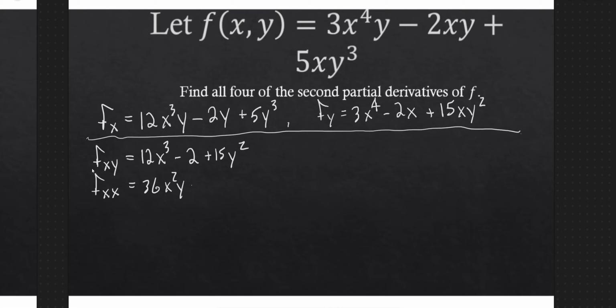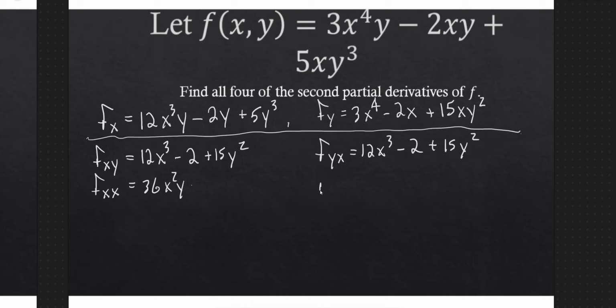Cool. So there are these two partials. Let's now differentiate y with respect to x and y. So how about we do fyx first? So I'll do the x partial of f sub y. All right, so that's going to be 12x cubed minus 2 plus 15y squared.